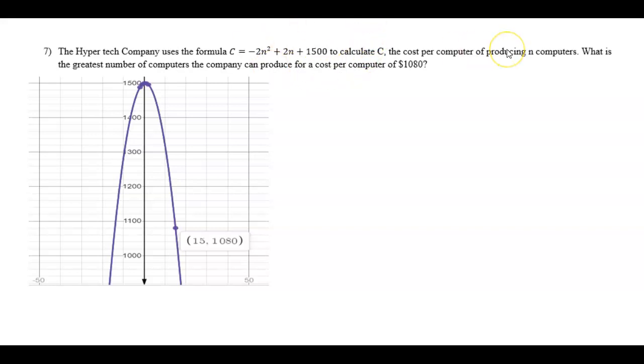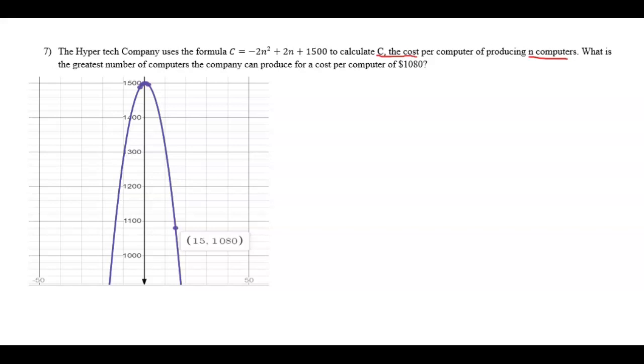Now the question is, what is the greatest number of computers the company can produce for a cost per computer of $1,080? So what that means is they give me the cost. C is the cost, and n is the computers.